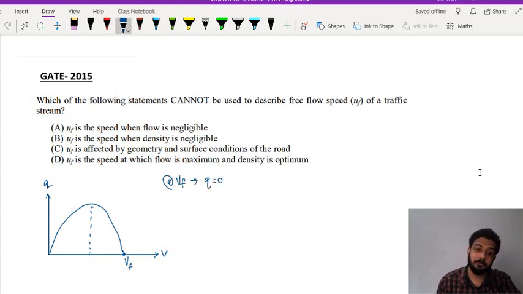When you are getting maximum flow, that happens at Vf by 2. As speed increases, Q increases, but after some time that Q value decreases and finally again becomes 0. So at 2 values of speed, flow is becoming 0: whenever speed is 0 and whenever speed is maximum. Whenever speed is maximum means there are no vehicles at all, that's why we are getting 0.